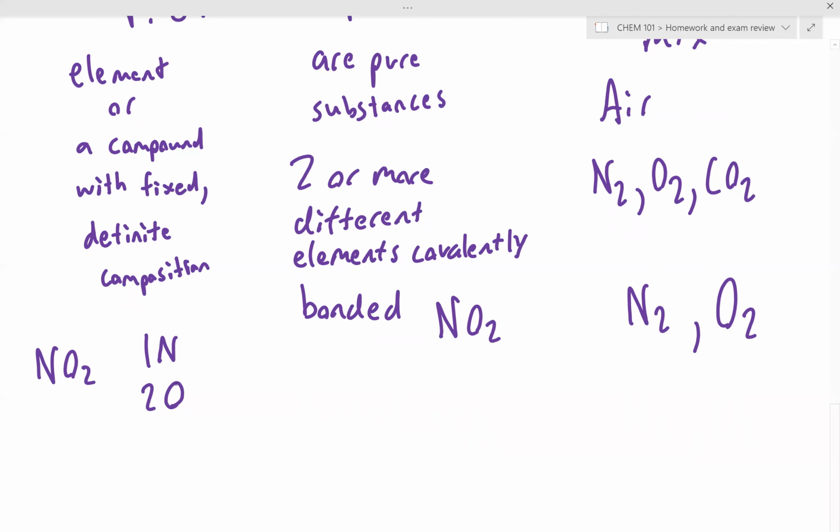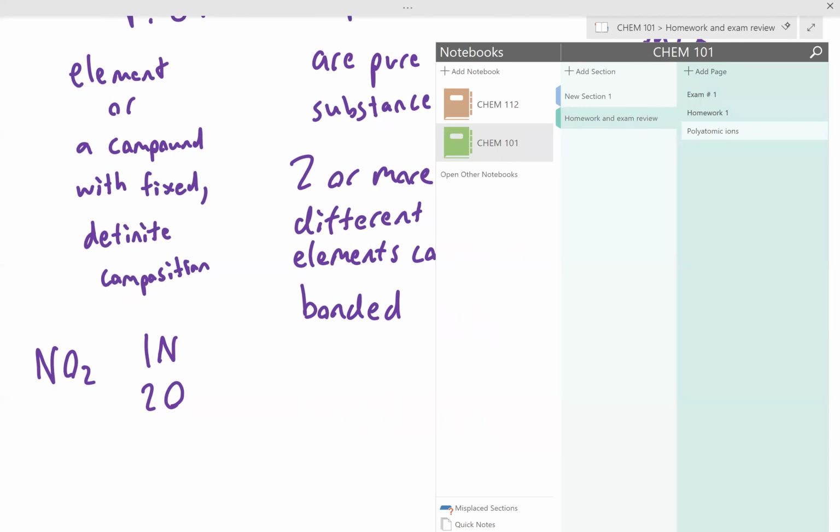Can we get more practice for questions similar to number 9 and 10?